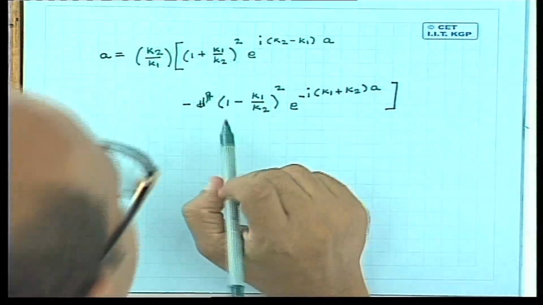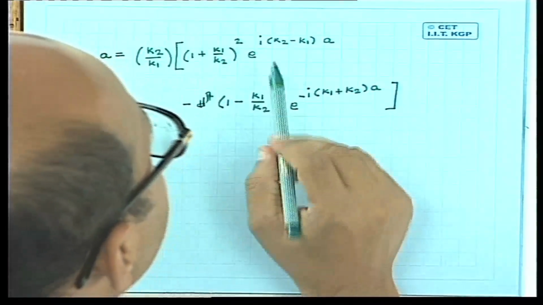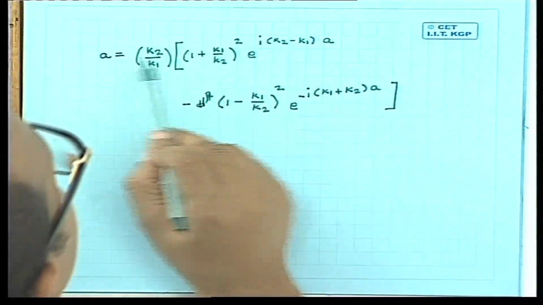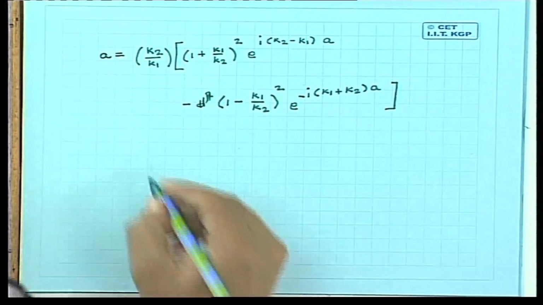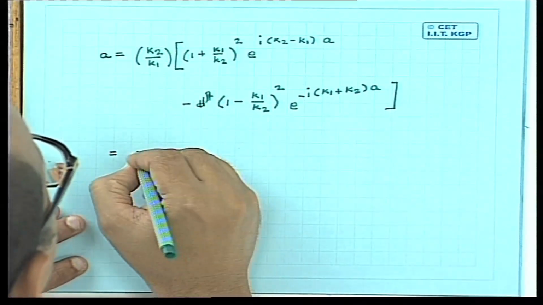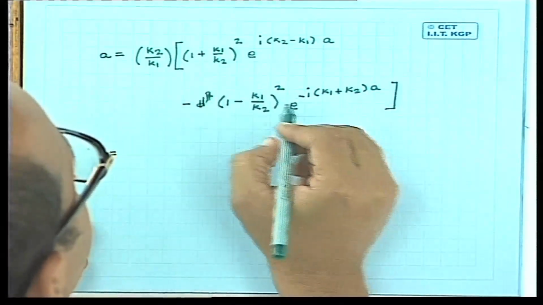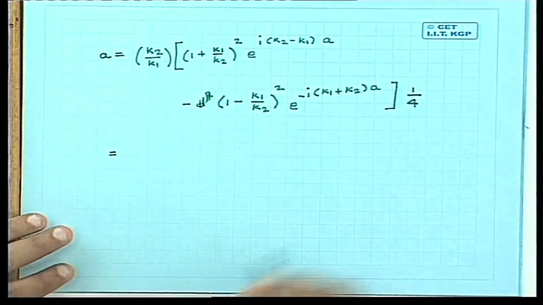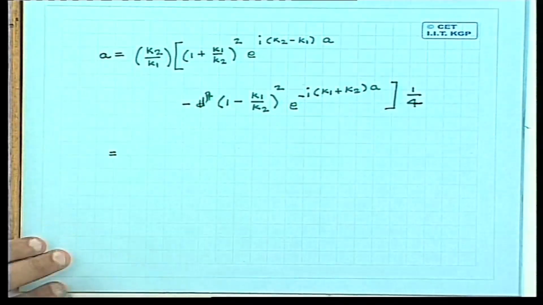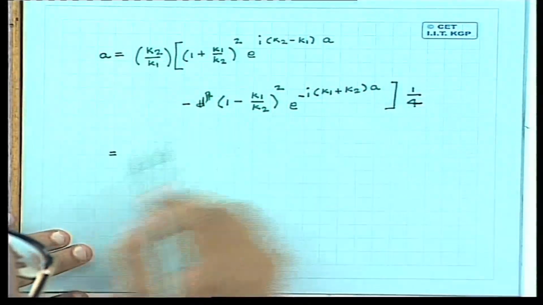Now here we can take e to the power minus I k1 into a common outside. So this is equal to, there is a factor of 1 by 4 which I can put over here. Thanks a lot for pointing it out. So there is a 1/4 outside.